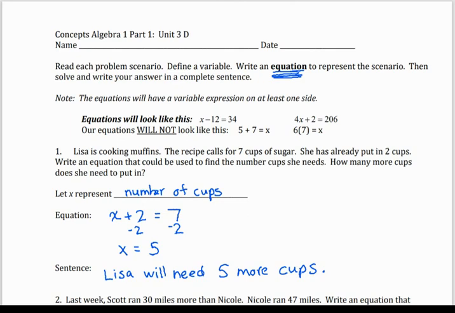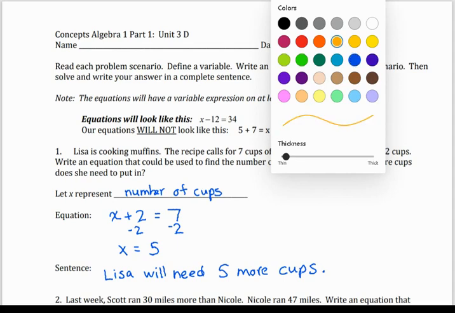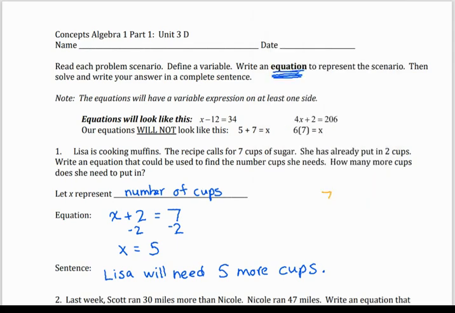Now, for your equation writing, I'm going to use a different color because I don't want you to write this. If you had something like this for your equation, is that fully incorrect? No, what does that answer give me still? 5.